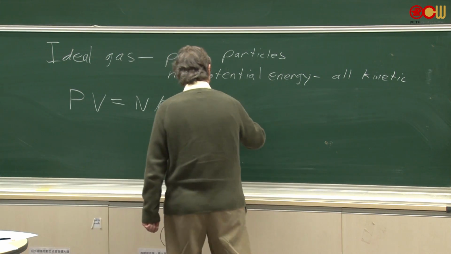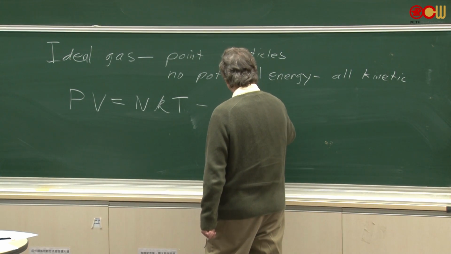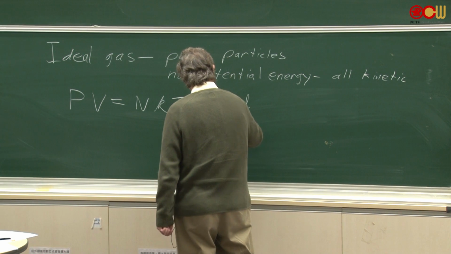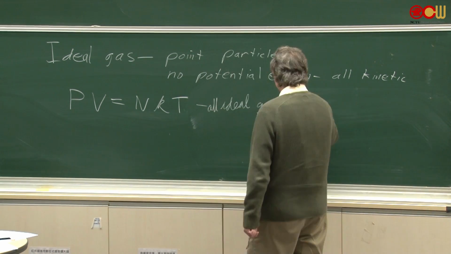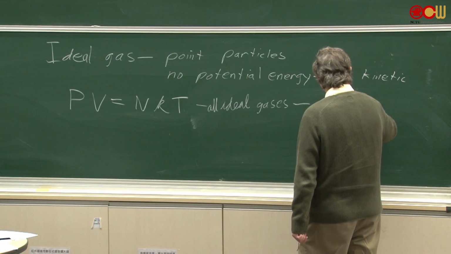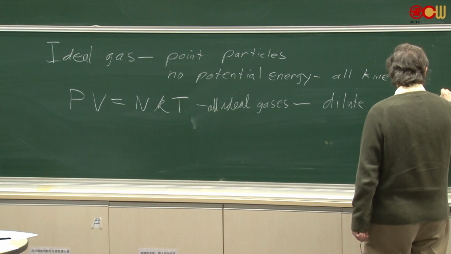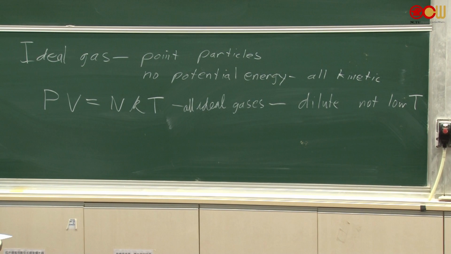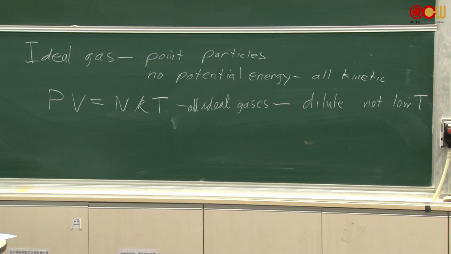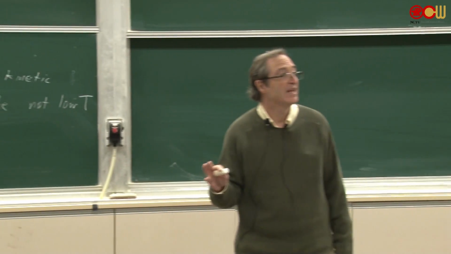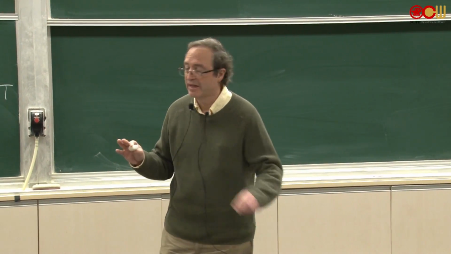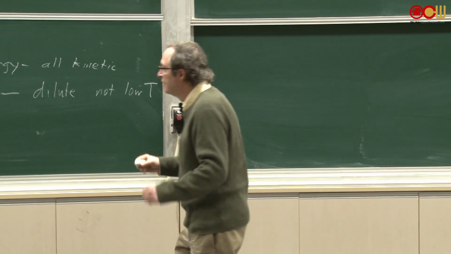That's true for all ideal gases. And what we usually mean is very dilute and not low temperature. At too low a temperature, you have other effects coming in, quantum mechanics. So it can't be too low, and it also must be dilute, okay, not too dense.